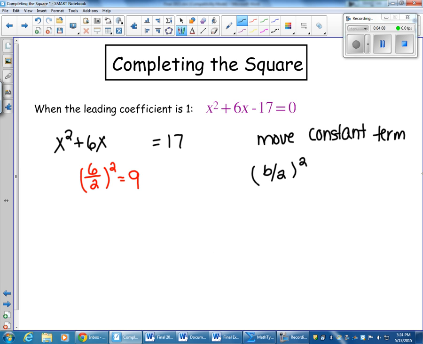The next step is going to be to add it to both sides. So I'm going to write it as a separate line here just so that you can see the steps. But when you're working on this, you can just go back and add it into your first line. So I got an answer of 9. I'm going to add it to both sides. So add your answer to both sides.